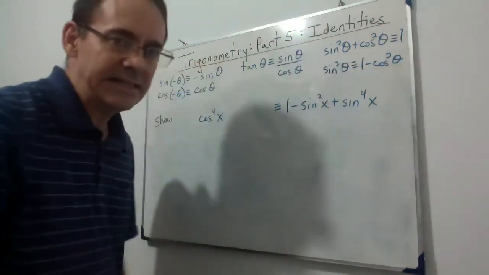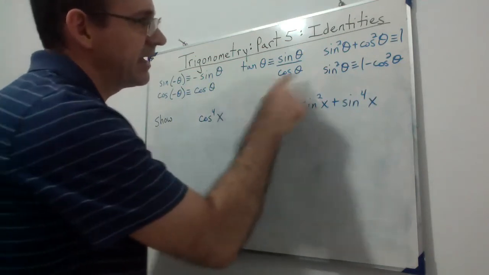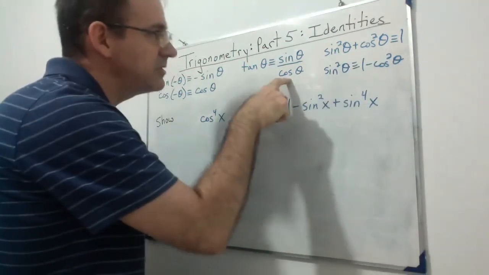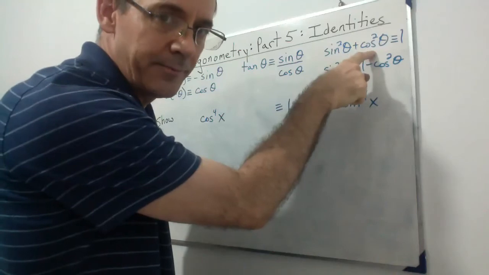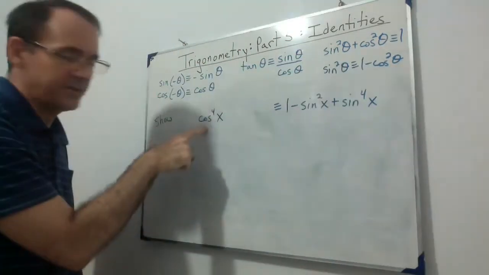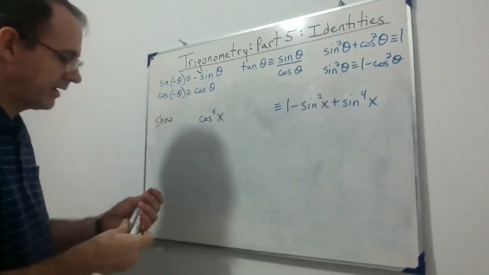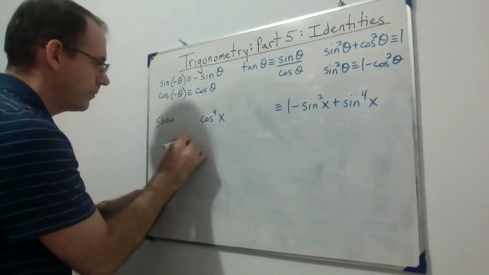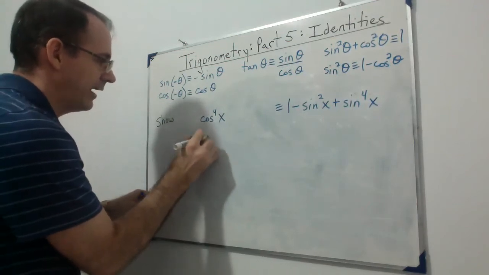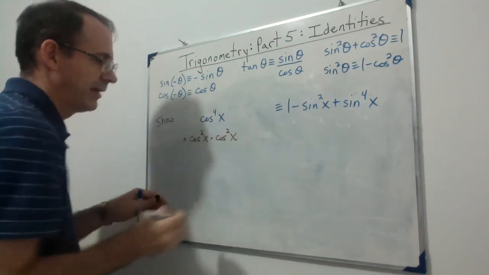So here is a cosine to the fourth. Well, I don't see any cosine to the fourth up here, but the cosines that I see are either cosine or cosine squared. Well, cosine squared can make up cosine to the fourth. We just need to break this up into cosine squared x times cosine squared x.